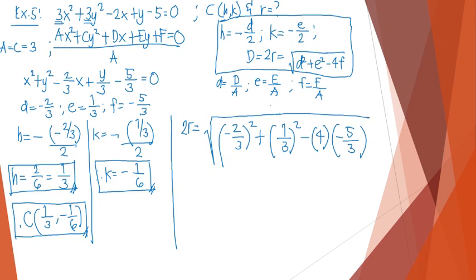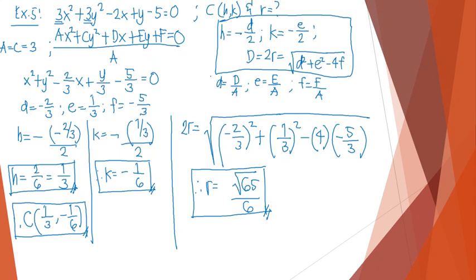After getting the result of this, do not forget to divide it by 2, since we are tasked to determine the radius. Therefore, our radius is equal to the square root of 65 over 6. So those are our center and radius.